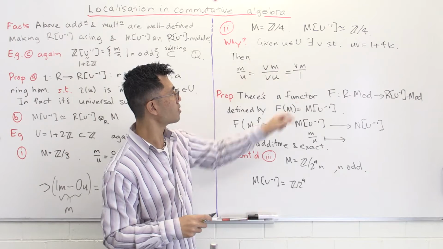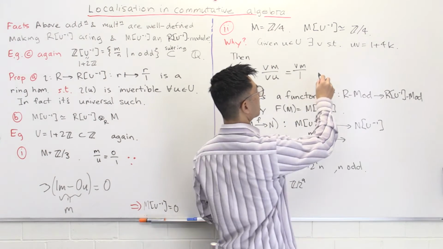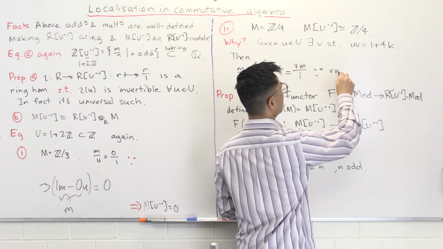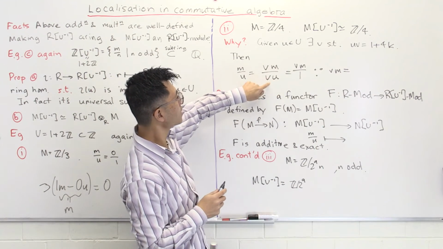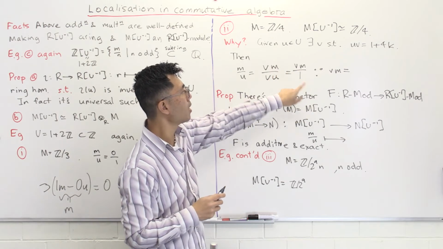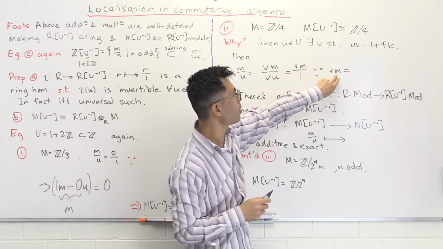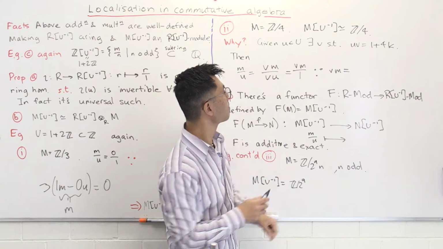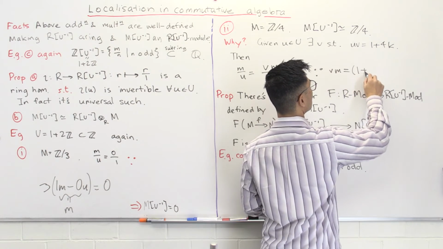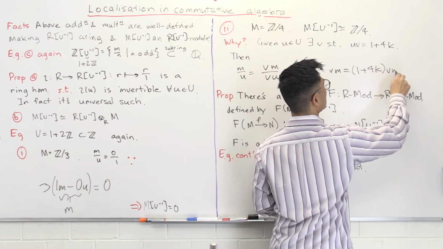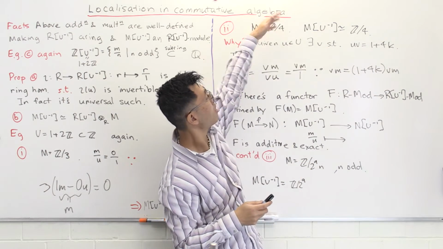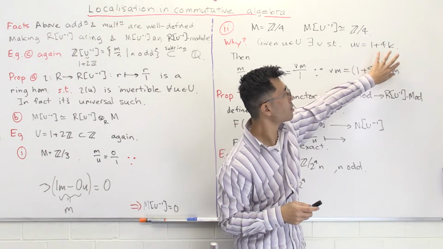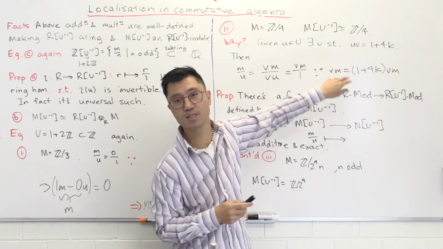On one side you've got 1 times vm. That's vm. And you want to say it's the same as vu times vm. What can I do here? I can multiply this by 1 plus 4k, because 4 acts as 0 on M. So this term goes, and you just get vm, so that's the same, it's true.